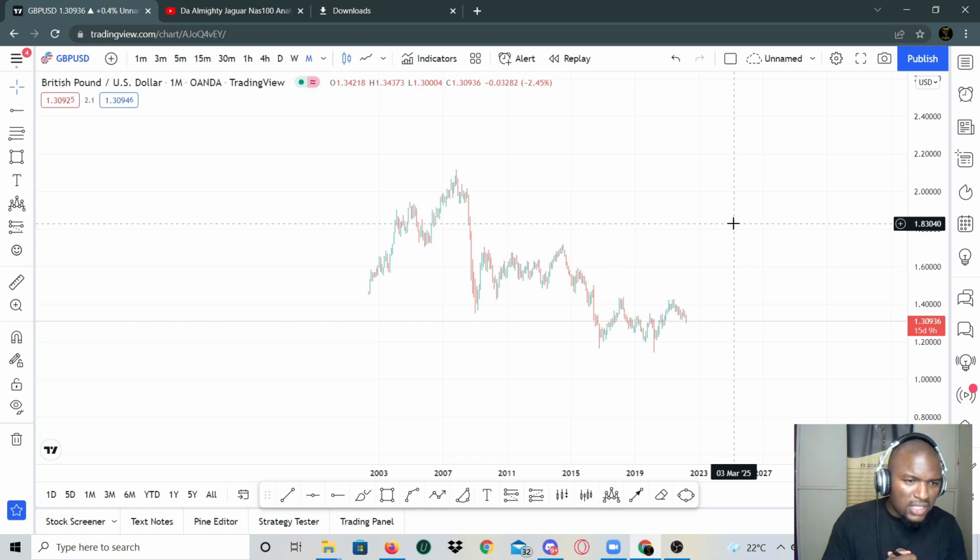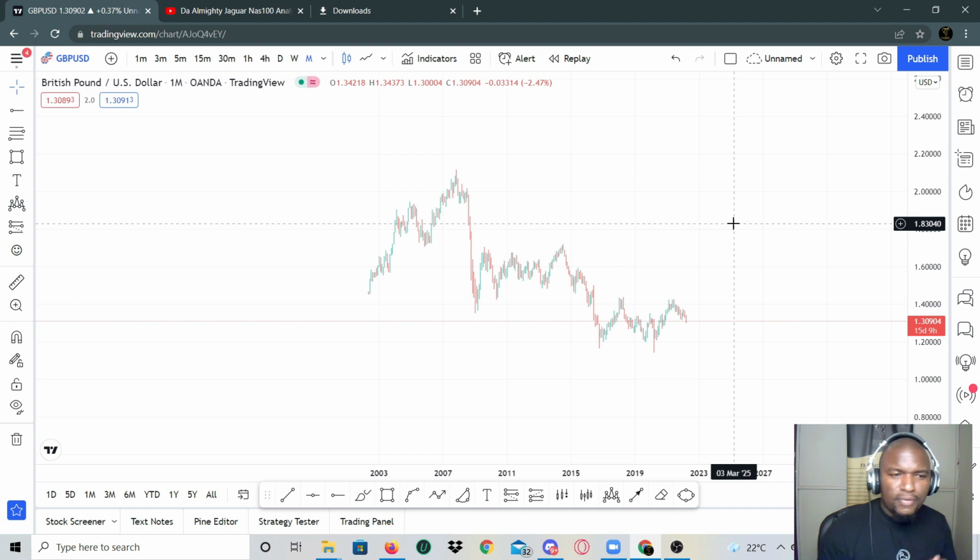The reason why we check these pairs is that they are correlated to each other based on the code USD. They have the same code, so we're going to be checking the price behavior and possible movements in the future.